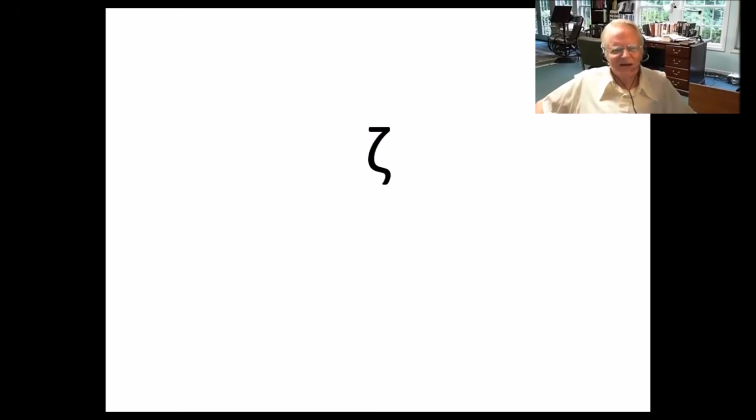Z. Eta. E-E-T-A. Eta. Theta. An unvoiced TH at the beginning. Theta. Iota. An E sound. Double E. Iota.